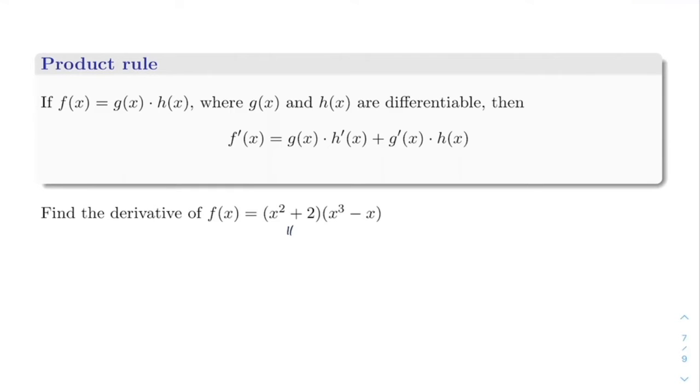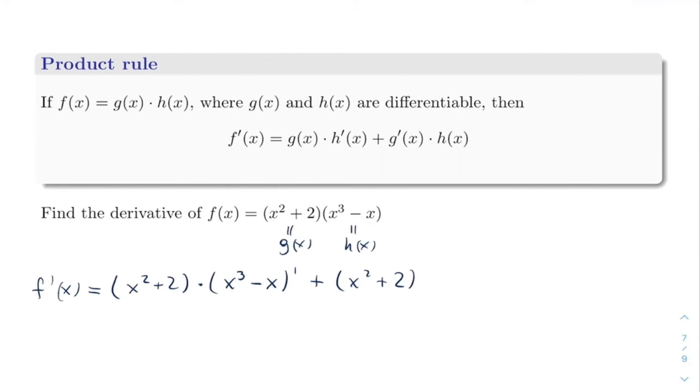In the formula here, this would be equal to g of x, and this would be equal to h of x. So let's put everything together and compute this derivative. The derivative of f will be equal to the first function times the derivative of the second function plus the derivative of the first function times the second function.